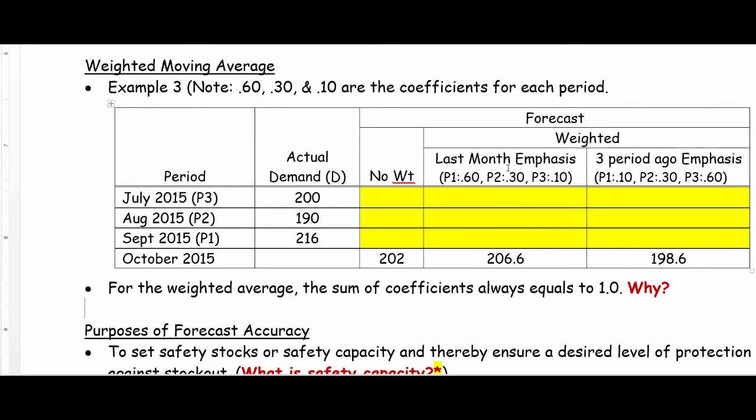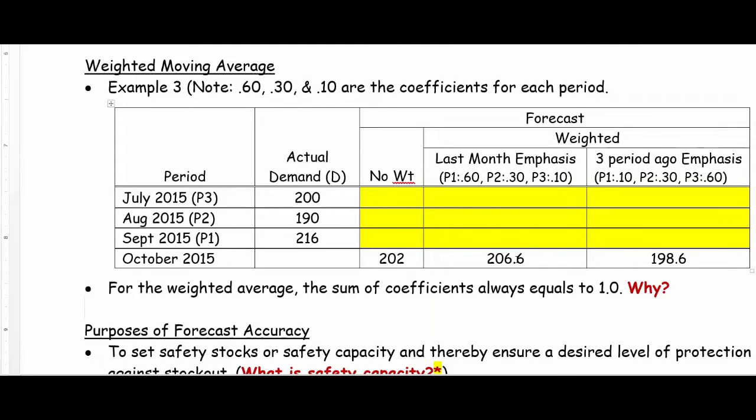If you thought the last month's information should have more importance than 2 months ago or 3 months ago, you might assign it 60% of this number, 30% of this number, and 10% of this number to come up with your value.